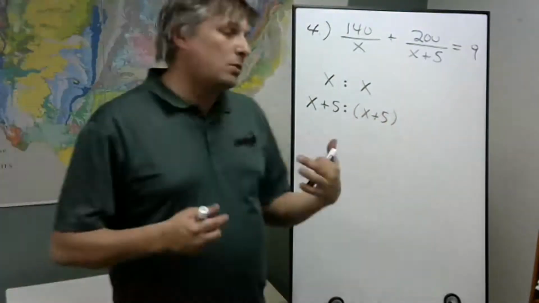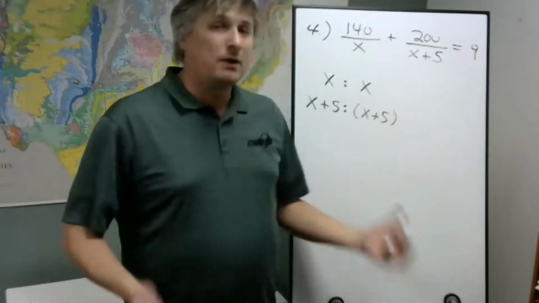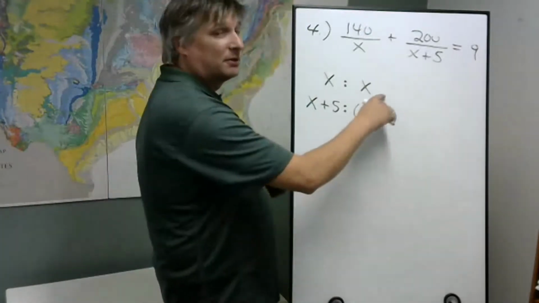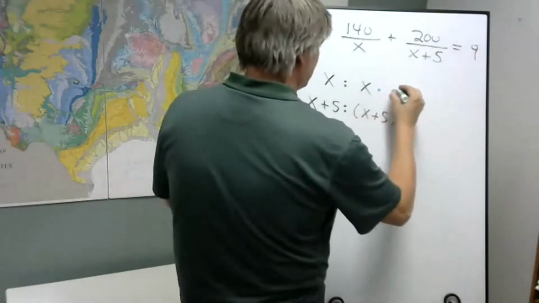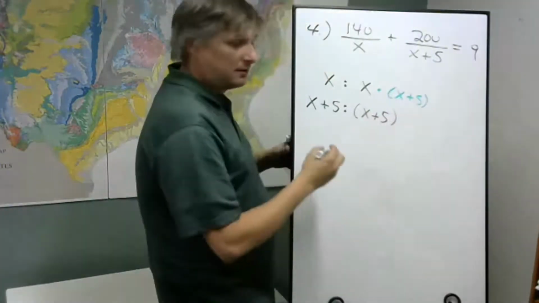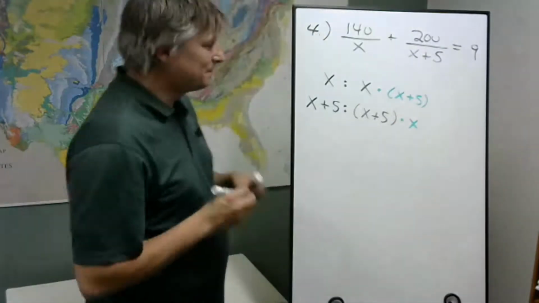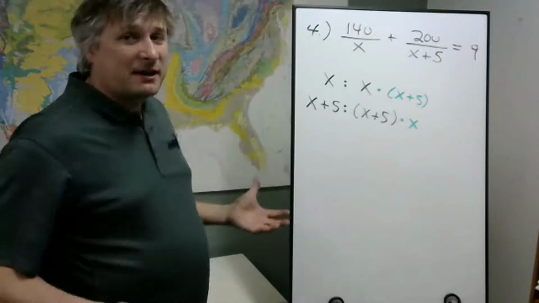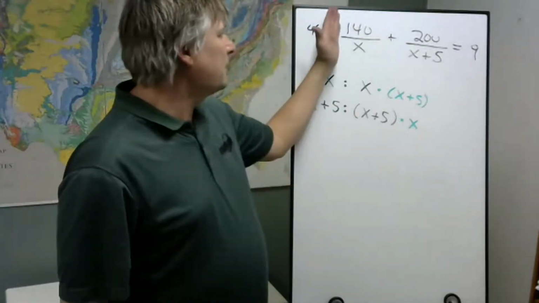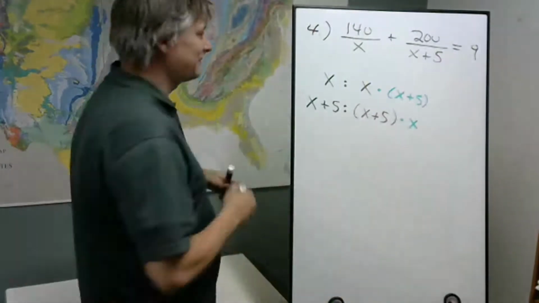But we do want to make these factorizations, however simple they may be, the same. This one's missing an x plus 5. And this one is missing a times x. So now the factorizations are the same. We'll multiply through, and it's going to cancel our denominators.